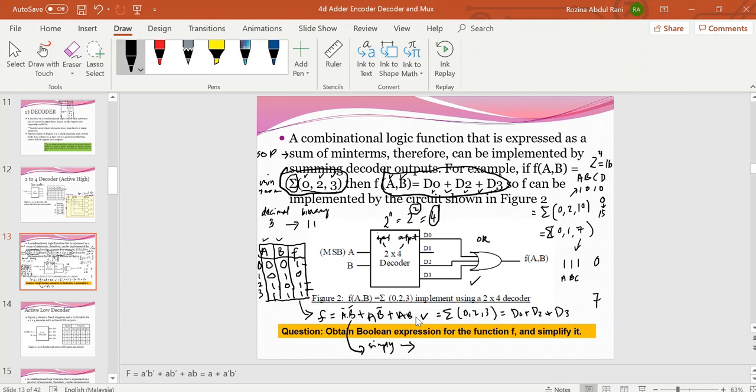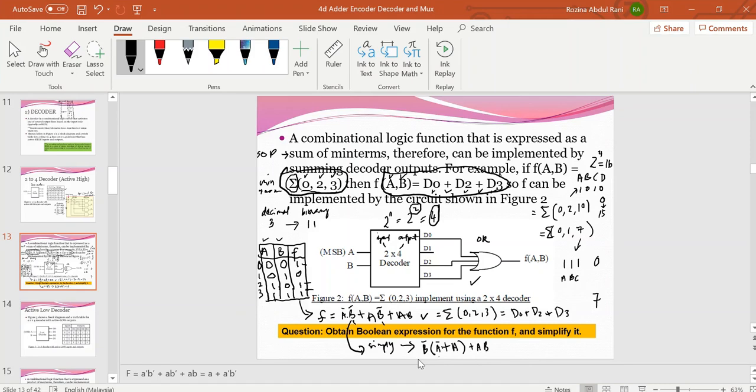From this Boolean function, you try to find which variable is similar for each minterm. For example, for this minterm and this minterm, so b times a bar plus a, plus a b.